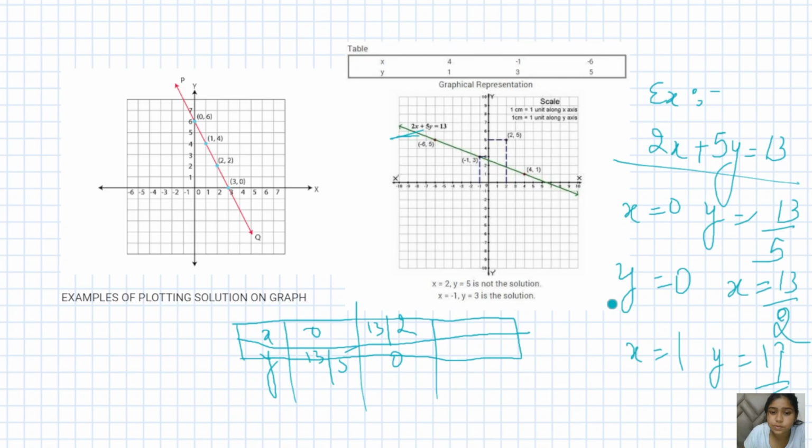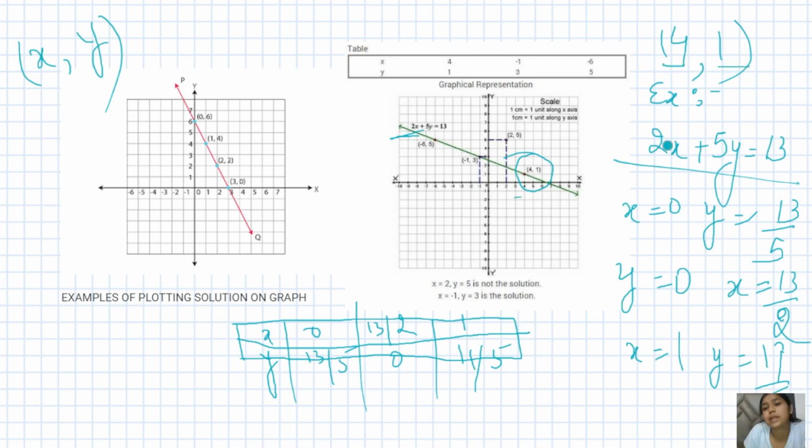If you want to make sure whether this point lies on this line or not, you already know the point's name is 4 comma 1, and I told you that always x comes first and y comes second. So now we just have to put these values in the equation. If the equation is satisfied by these values, it means the point is true.